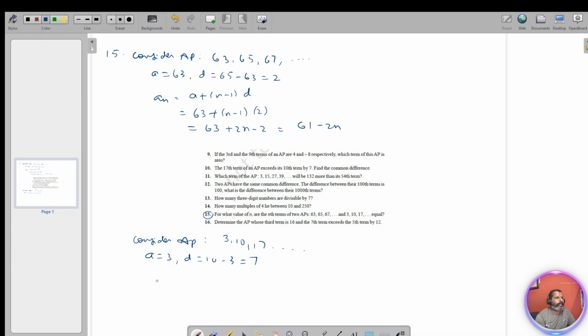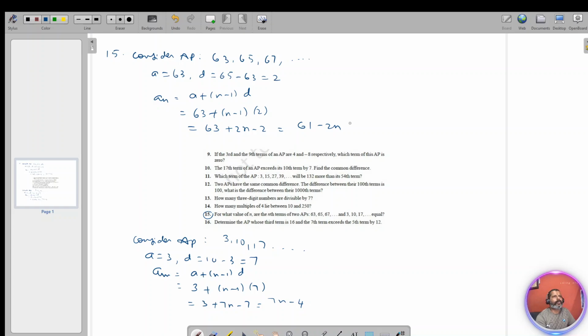So AN is what? AN is equal to A plus N minus 1 into D. A is 3 plus N minus 1 into D, which is 7. 3 plus 7N minus 7, that becomes 7N minus 4.